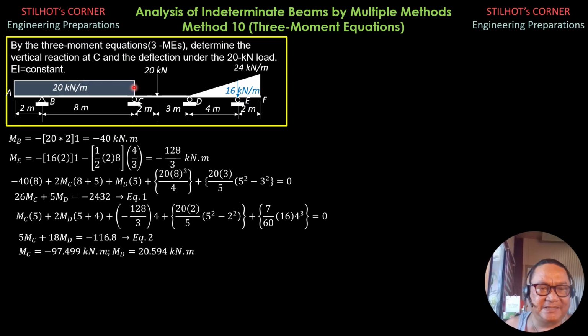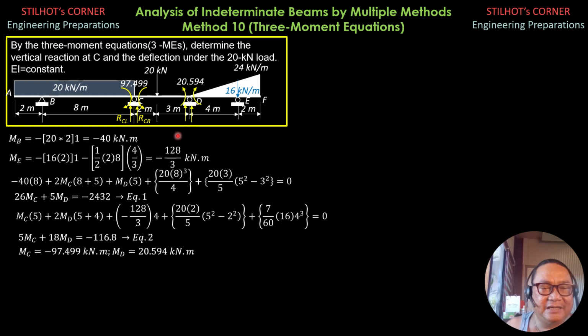Negative means at C it's counterclockwise, and the moment just to the left of B is clockwise. At D it's counterclockwise just to the left, clockwise just to the right. So substituting and putting these at C and D so that we can analyze the reaction at C. We'll call this RC left and this one RC right, or you can also call this the shear just to the left of C or shear just to the right of C. I just call that R sub C. We can analyze both these values.